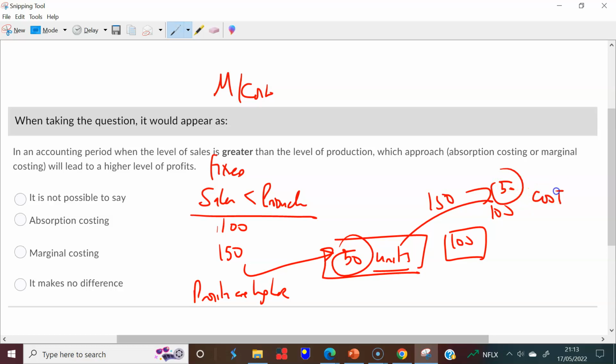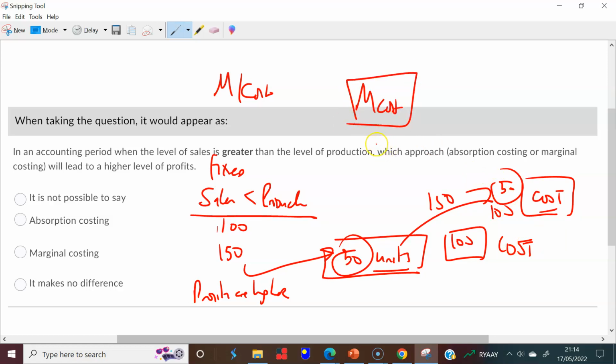There is a higher cost here that's come through, right, with those absorbed costs from the previous period. So because you now have a higher cost here with absorption costing, because you're bringing in, you see, with marginal costing, you don't have that.